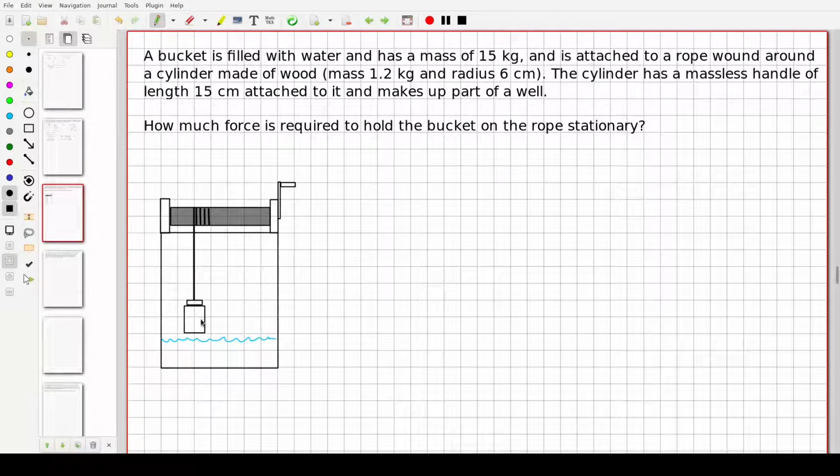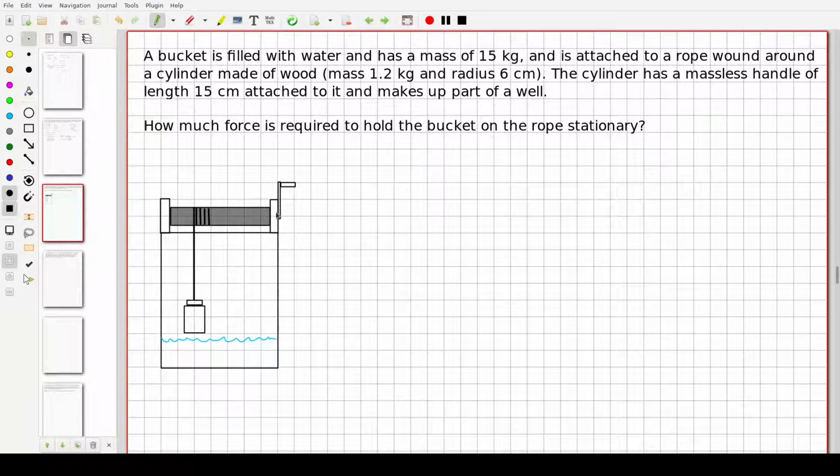Here we have a bucket that is filled with water, and it goes around a shaft in a well, and the shaft has a handle attached to it. Okay? So we know the mass of the bucket is 15 kilograms with the water in it, and we're going to assume that the rope is massless.